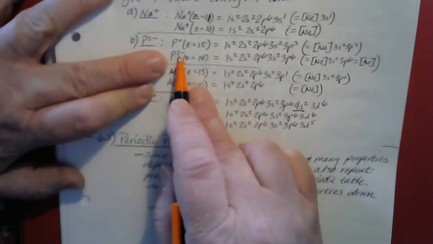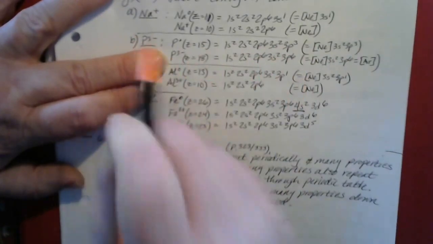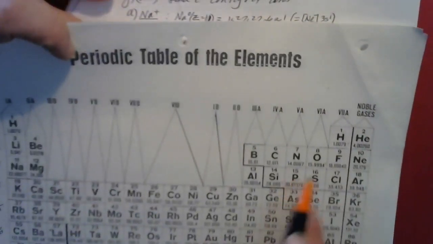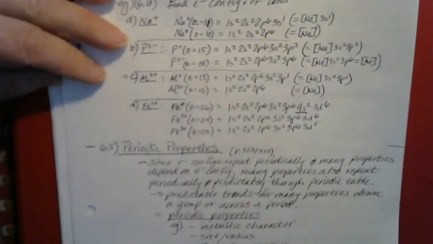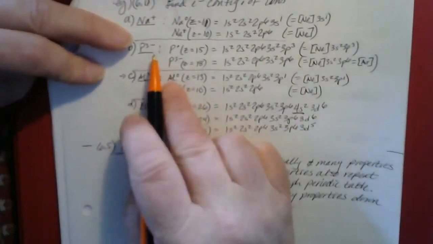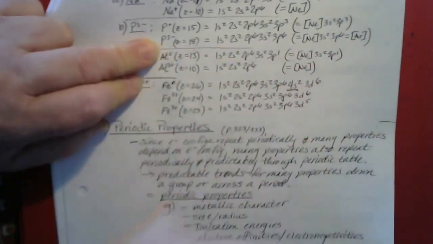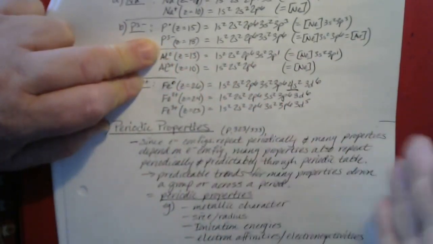And when you gain 3 electrons, remember, because phosphorus is a nonmetal, it's over here in the periodic table, which makes it a nonmetal. Nonmetals form ions by gaining electrons to become anions. And so the charge on the phosphorus ion will be group number -8 for nonmetals.